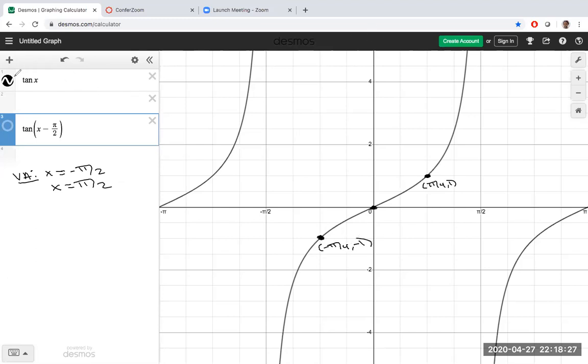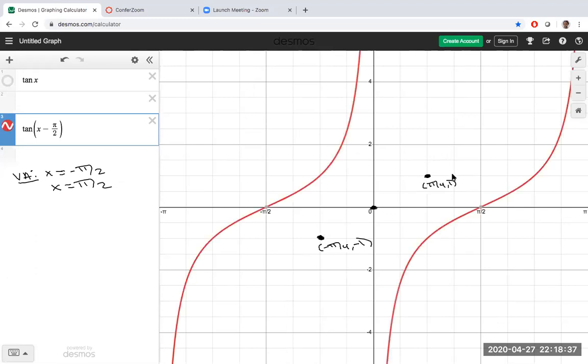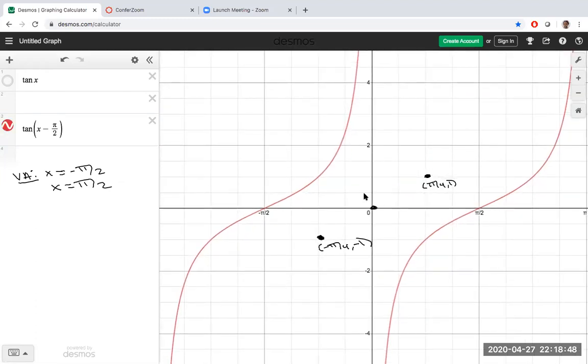Now let's go ahead and switch these. So my parent graph here, we shifted right by pi over 2.